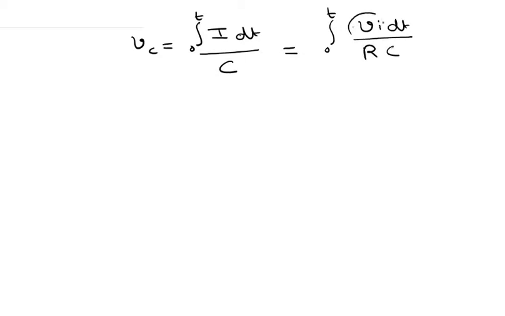So Vi by R is approximately equal to I, just as we noted in the previous page. So the voltage drop across the capacitor, or the output voltage V0, is basically 1 by RC integration from 0 to t Vi dt. So this is a different kind of analysis, but it leads basically to the same result. We did the analysis in the time domain here.